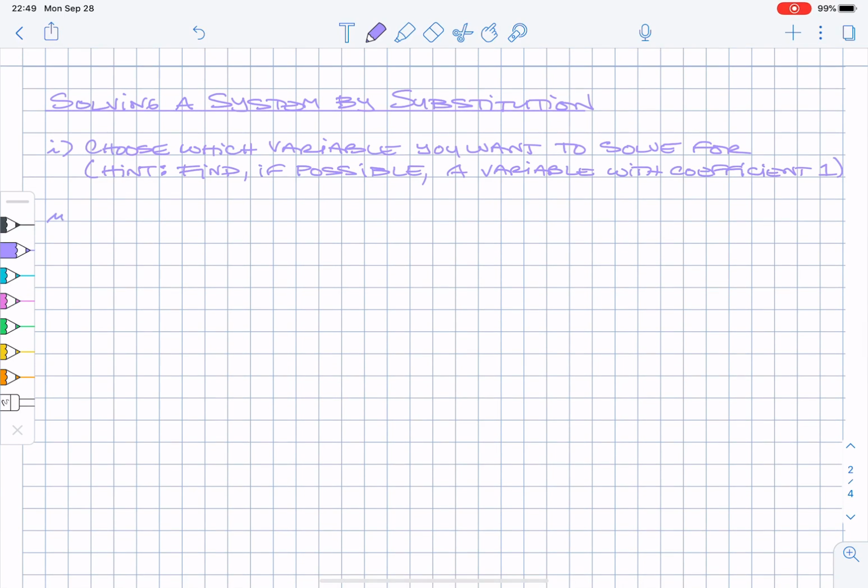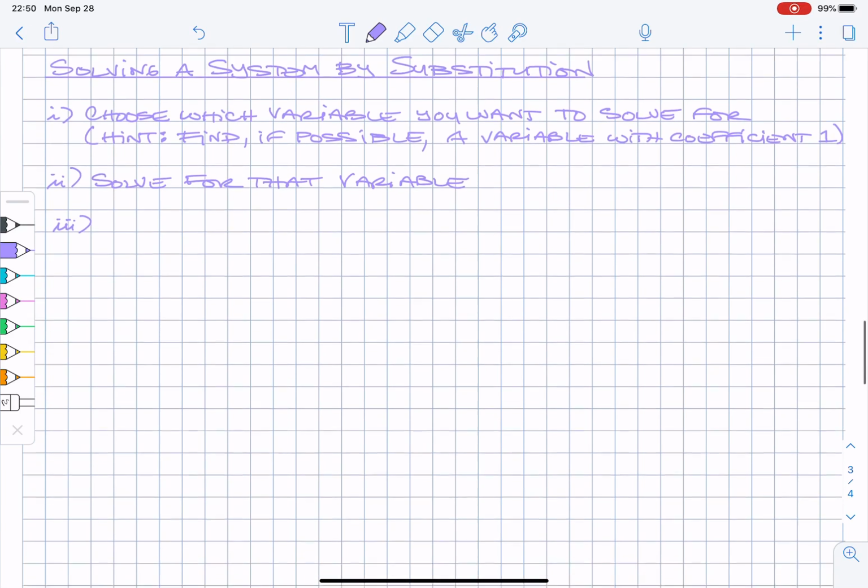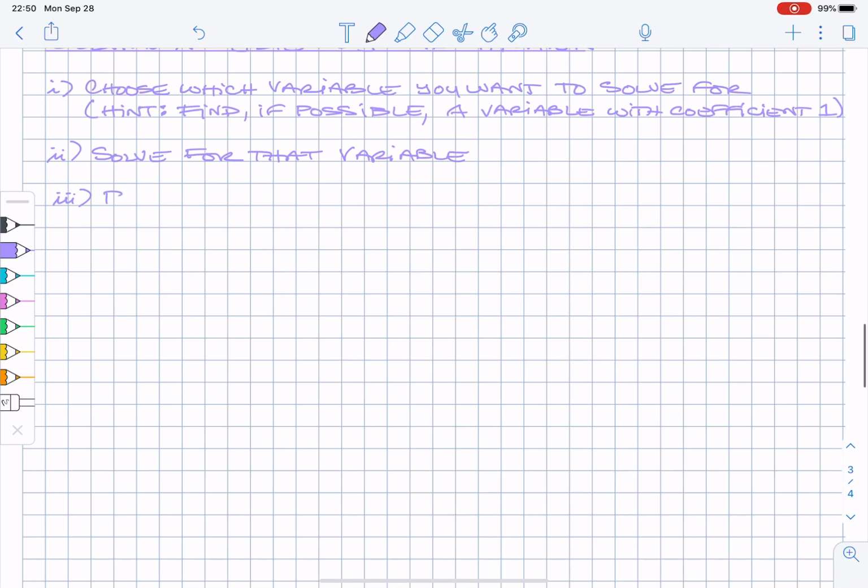Number 2: solve for that variable once you've chosen it. Choosing it can be the most important part. Number 3: plug the equivalent of that variable into the other equation.